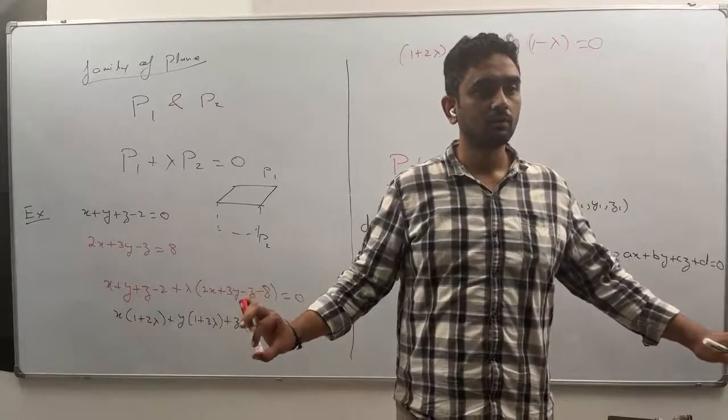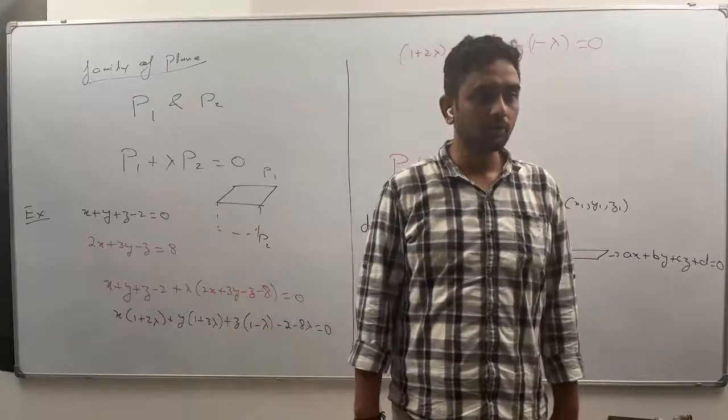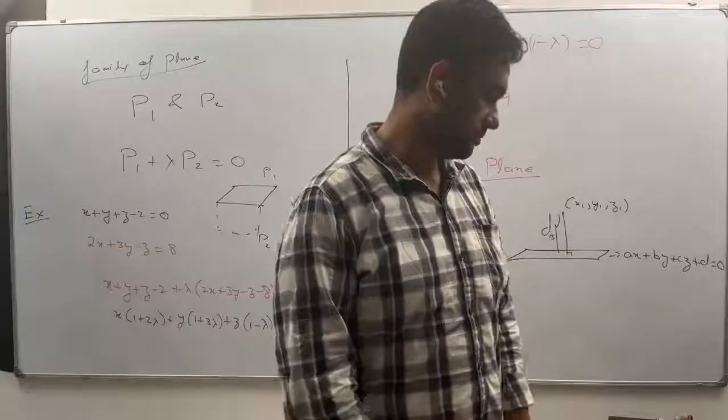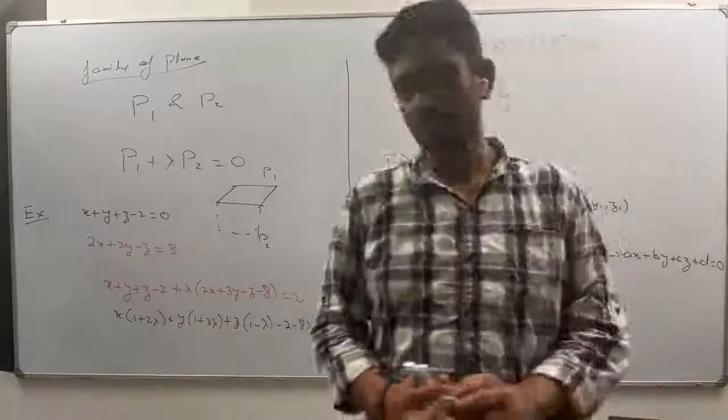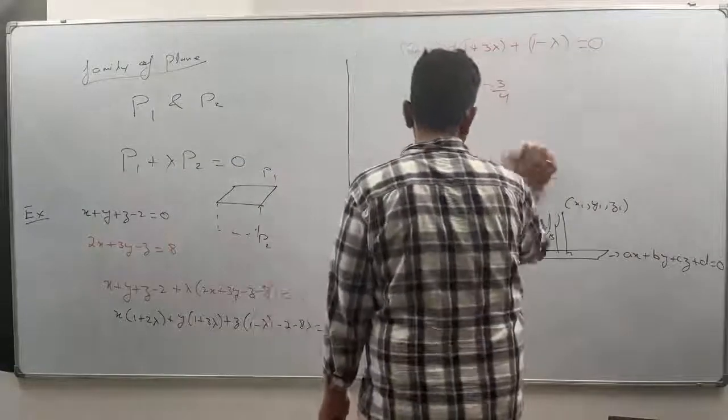Coplanarity of two lines. Coplanarity of two lines. Okay, coplanarity of two lines, it is not removed. It is removed. Okay. Coplanarity. Alright, so we look for coplanarity of two lines.